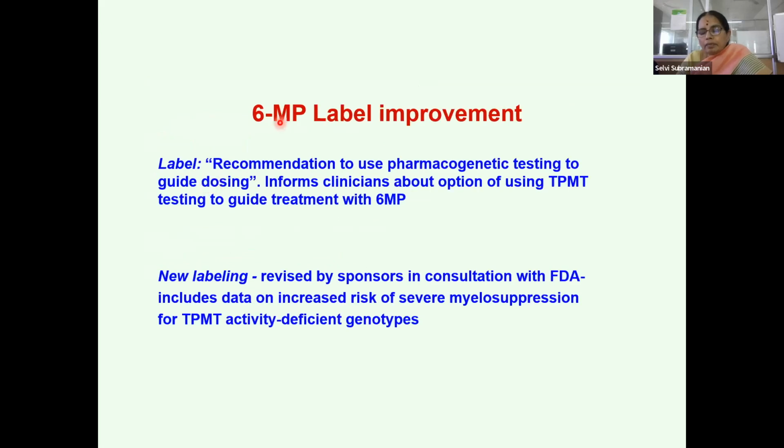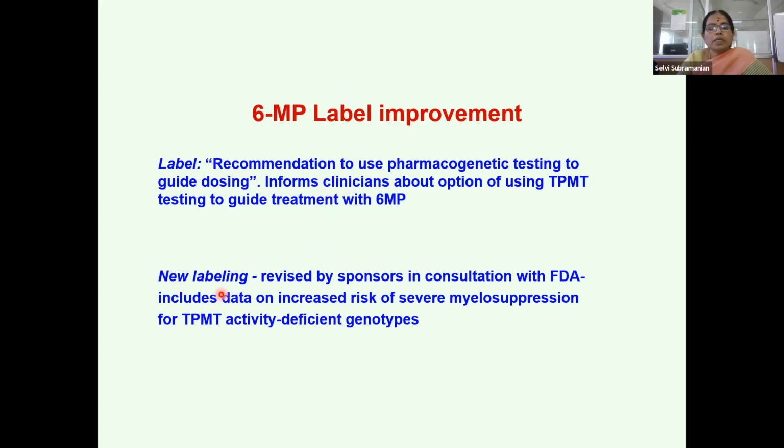After knowing all this, they improved the 6-mercaptopurine label. So this pharmacogenomic study ended in the improvement of the label. Earlier in the label, they said there was a recommendation to use pharmacogenetic testing to guide dosing. So in order to decide on dosing, you have to do pharmacogenetic testing. That is what is given in the label of the drug.